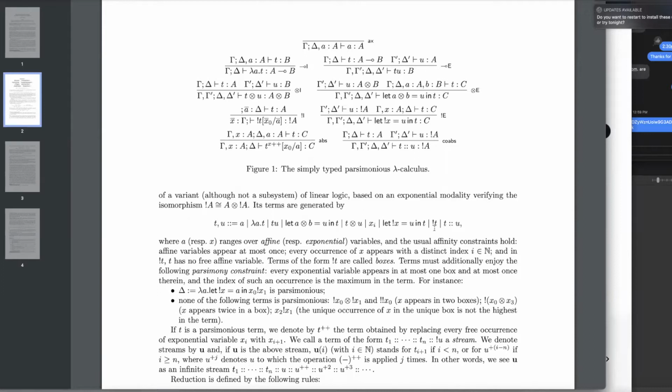And then this let bang x is going to give you a bunch of indexed x's. So x0, x1, blah, blah, blah. And they're going to take positions according to some rules inside t.